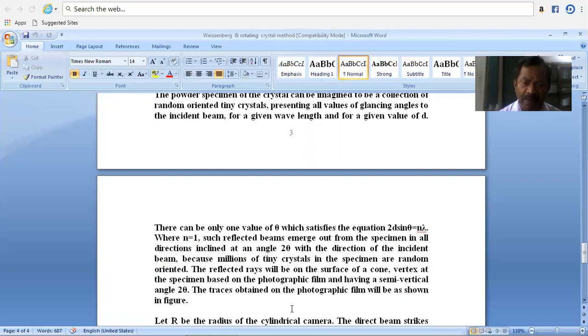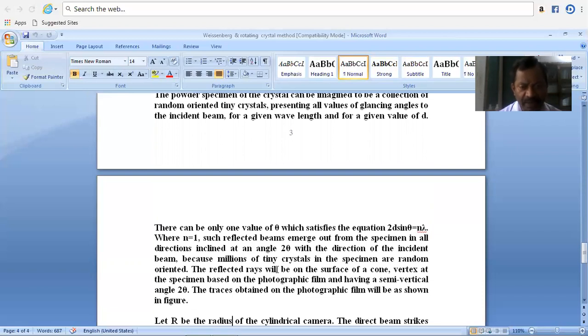n lambda, where n equals 1 is the order of diffraction, d is the distance between the planes, theta is the glancing angle, and lambda is the wavelength, that is, the wavelength of the X-rays that we are going to use for the source here.